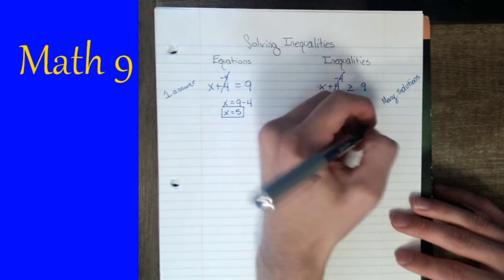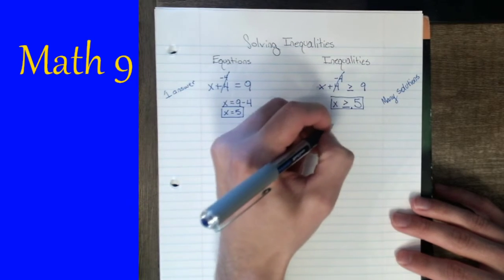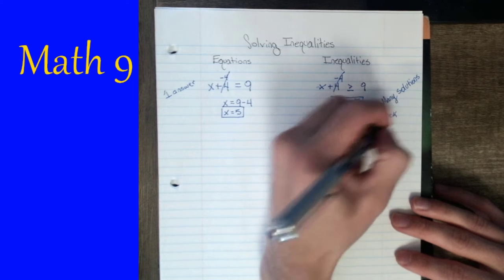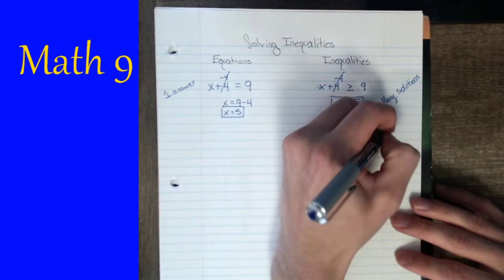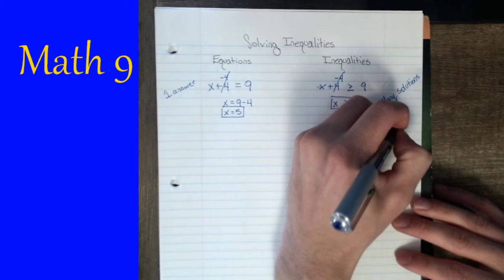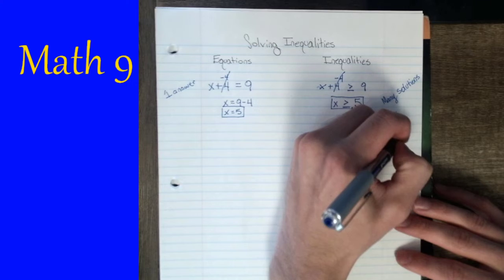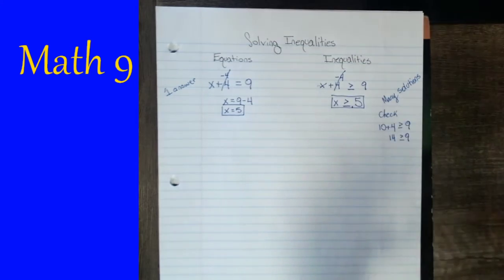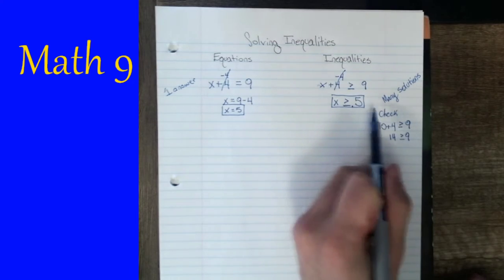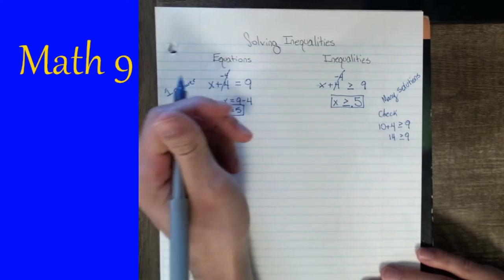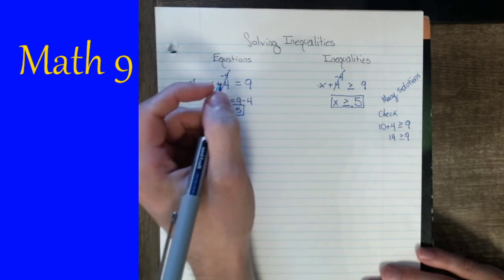So if x were 10, this is us checking: 10 plus 4 is greater than or equal to 9. Well, is 14 greater than or equal to 9? The answer is yes, and so this is the thought process of solving inequalities.